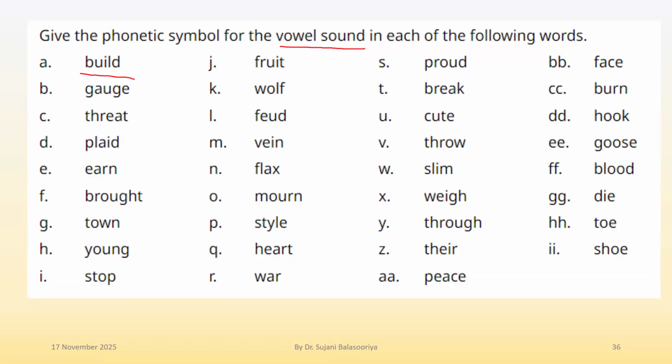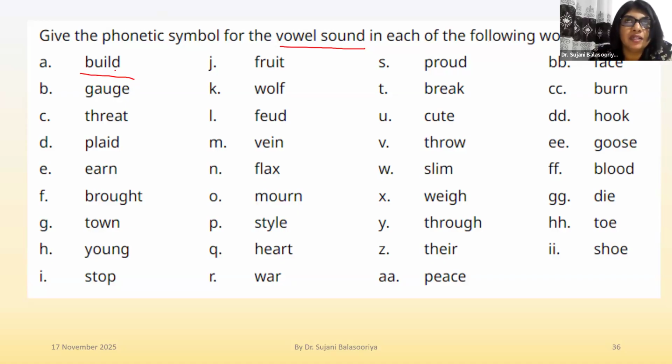Okay, thank you. Because the thing is, these questions are for your own study. Because I have a lot to discuss, therefore I don't want to go through all these words one by one. So for one example, first one, build. What is the vowel?